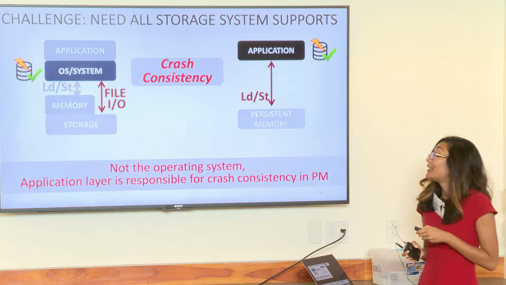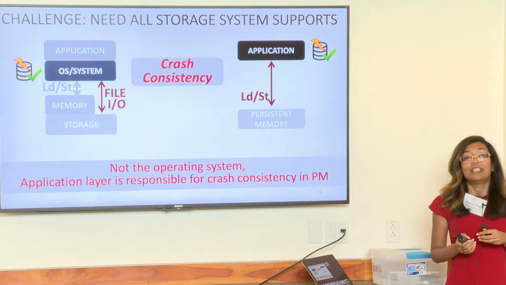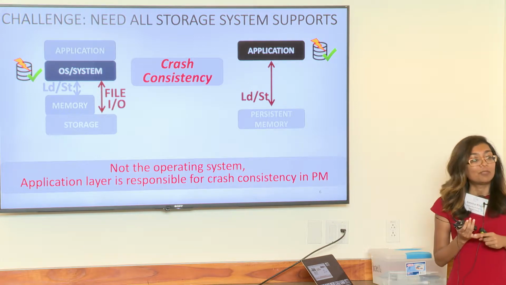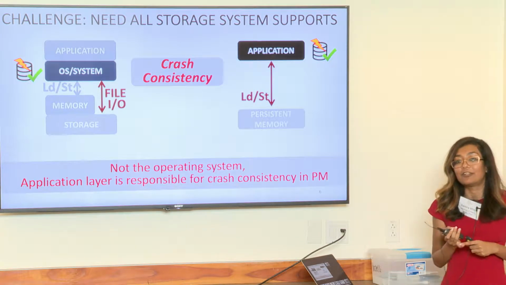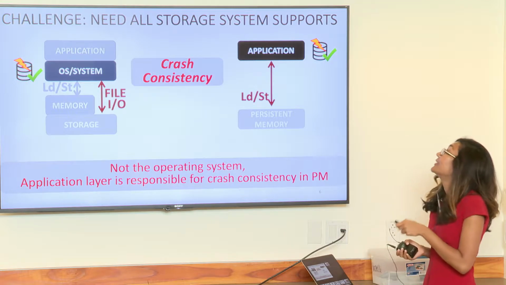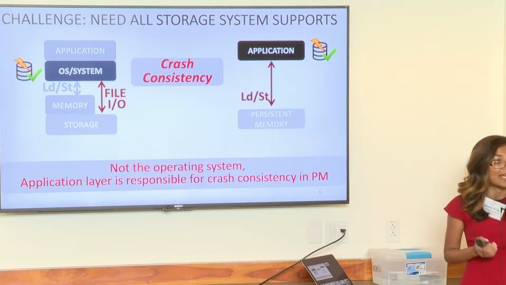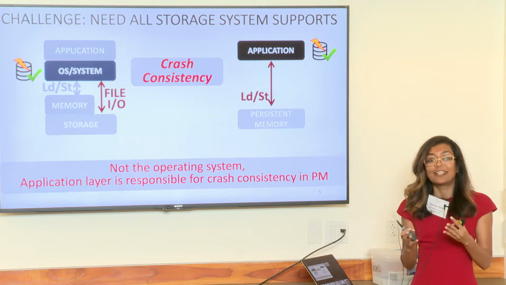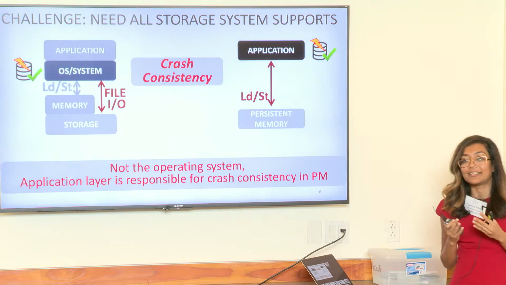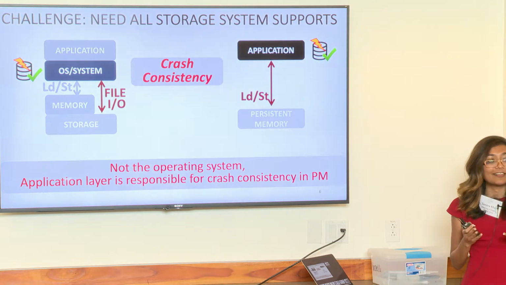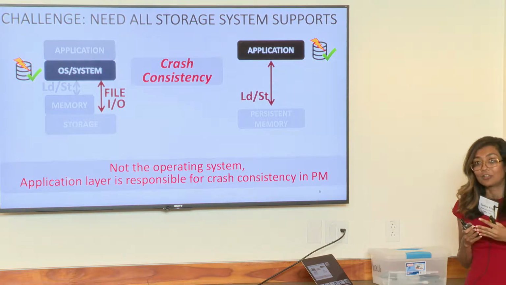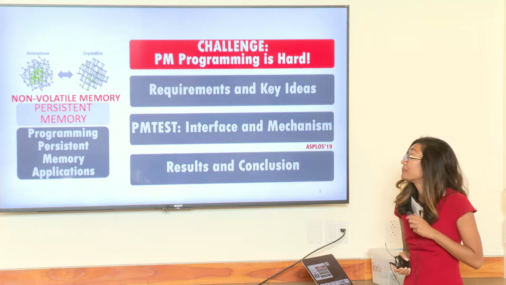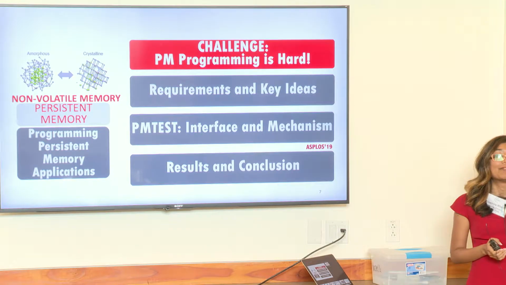And most of the industry and academic proposals have argued that crash consistency support should now come from the application. So that puts a lot of burden on the programmers, who actually have to provide that guarantee while they're coding their application. So this is the outline for the talk.